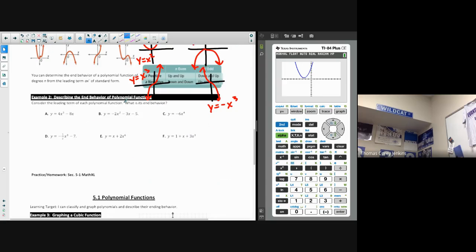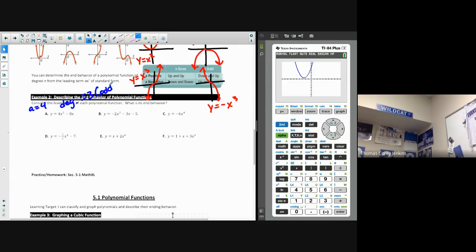So what we want to do is say, what is the end behavior? Okay, so looking at y equals 4x to the 3 minus 8x. Now, obviously, you can type that into Desmos and look around on the graph, but you should be able to answer these a little bit easier. So a is +4, and the degree is 3. So that's odd.